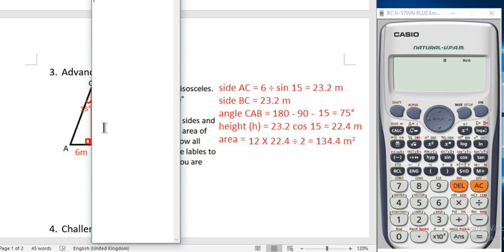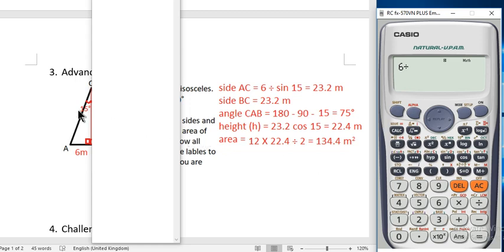The first thing to do is to look: are we looking for the long side or not? If we're trying to look for the long side of a triangle, then we should use divide. We start by typing the number of a side that has been given to us, 6, into our calculator. And then if we're trying to find the long side, we press divide.